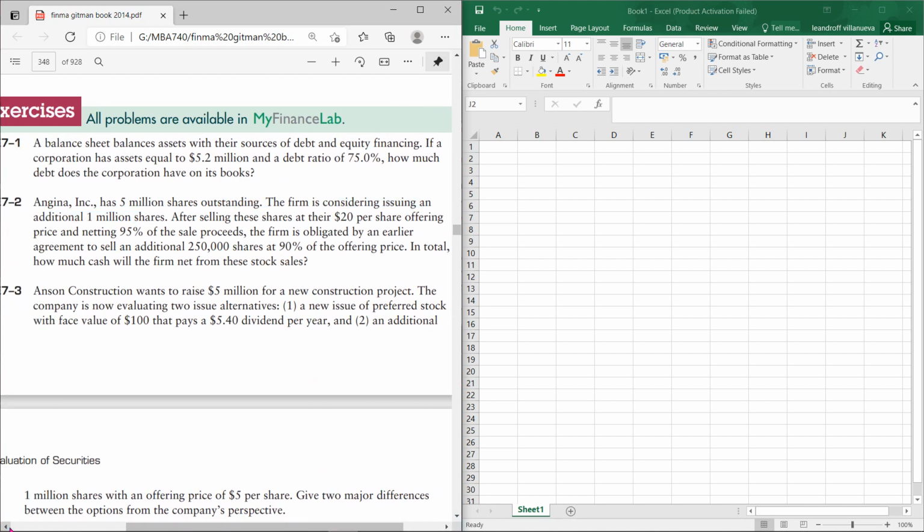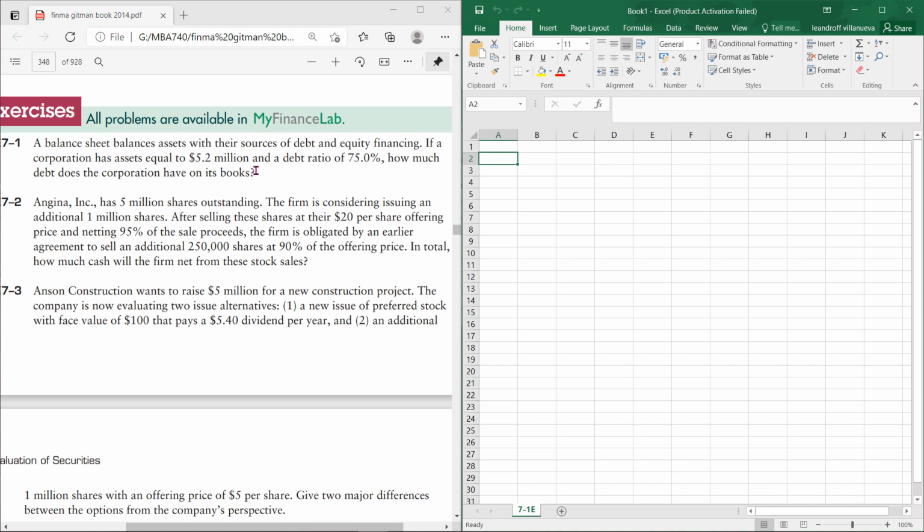So we have exercise 7-1, and the problem is that we need to compute how much debt, and what are the given items.